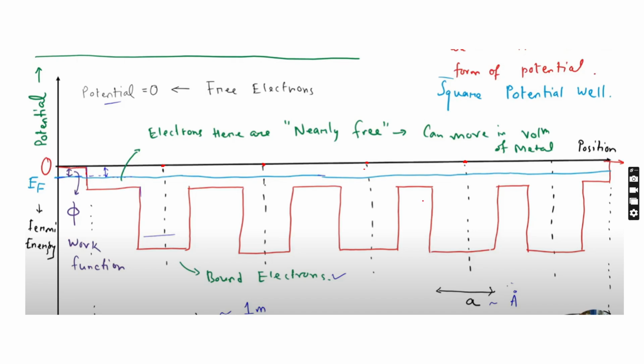What is the common nature here? Outside, the potential is 0, but inside the solid it is a negative value. The valence electrons are those donated by each ionic core, right?